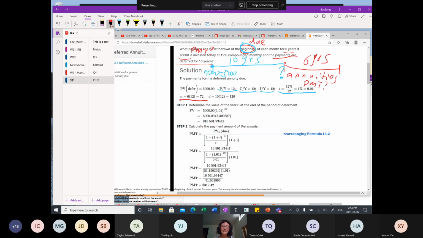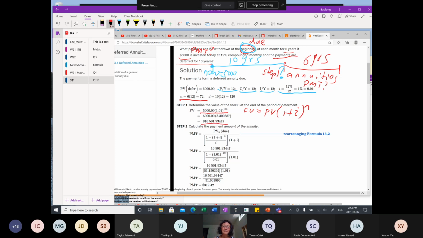Okay, so step 1, what is the future value after 10 years? We use the formula, future value equal to present value times 1 plus I raised to power N. Plug in the numbers, PV is 5,000, I is 1%, N is 120, and you get this number.